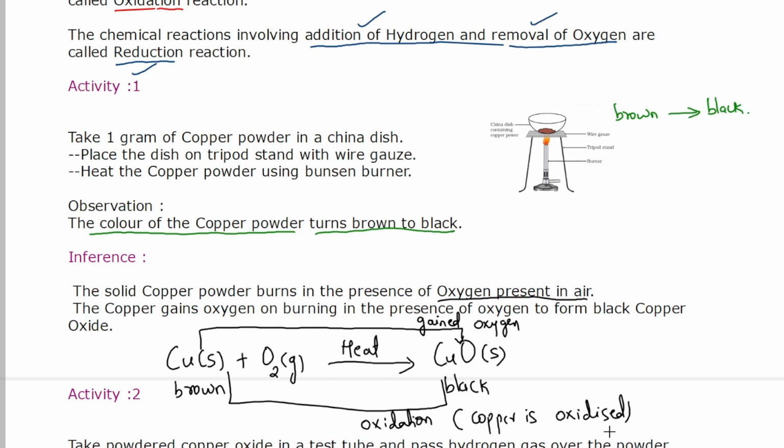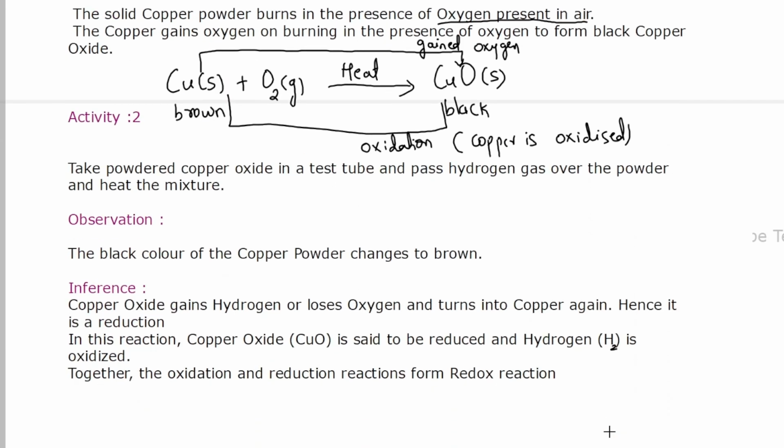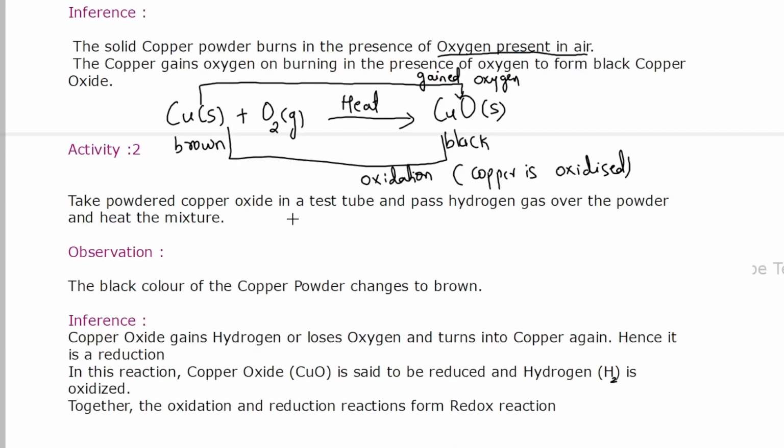Now let us understand reduction with the help of another activity here. Take copper oxide powder in a test tube, pass hydrogen gas over the powder and heat the mixture. What we have to do is take a test tube. There we have to take copper oxide. Then we are going to pass hydrogen gas over this mixture.